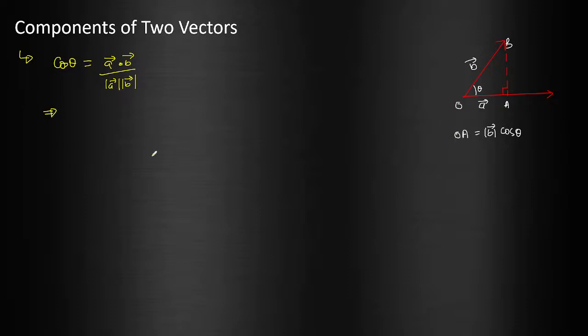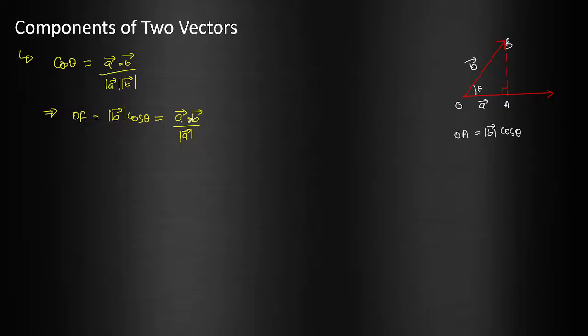So we have to find OA, which is mod B vector cos theta equal to A vector dot B vector upon mod A vector.